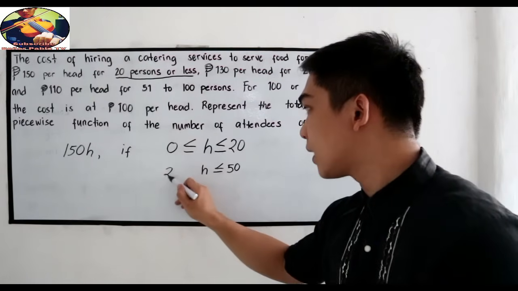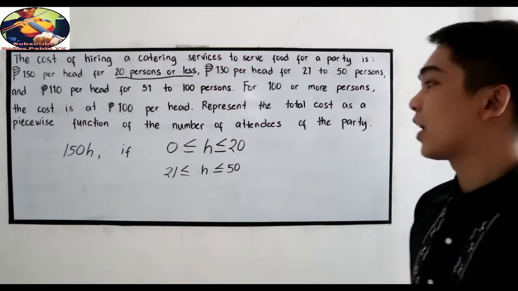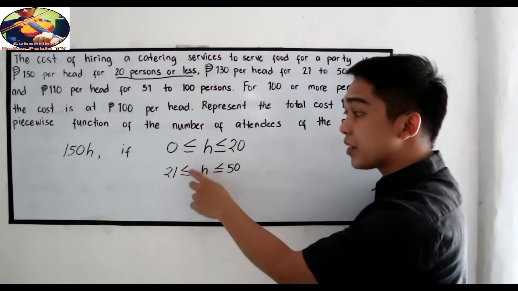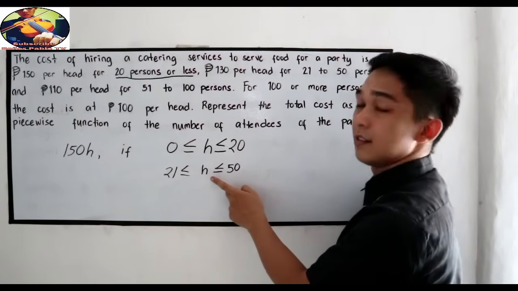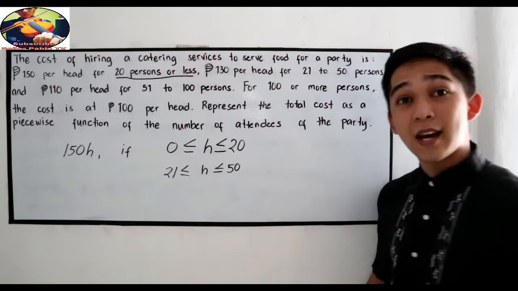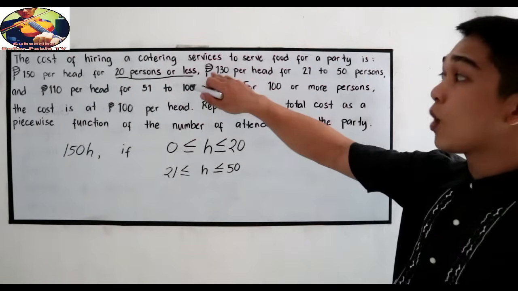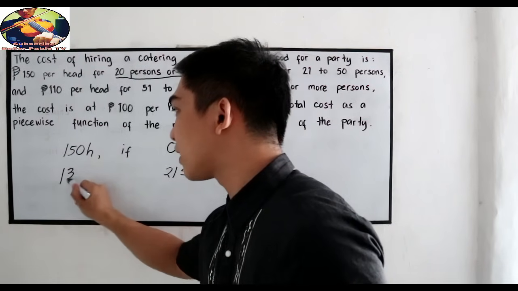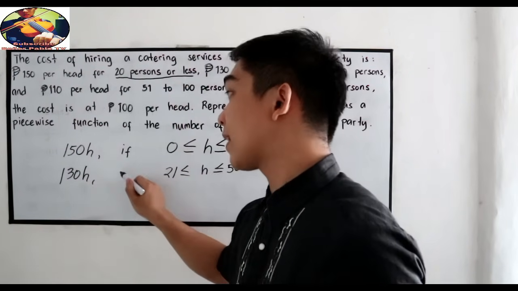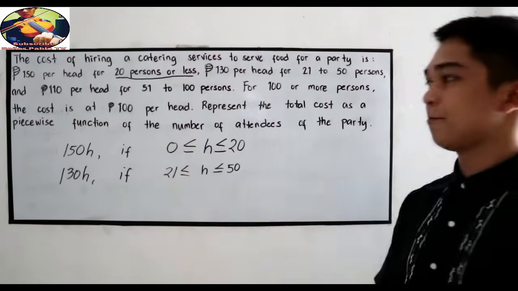So, 21, yun siya ngayon. H is greater than or equal to 21, but less than or equal to 50. So, magkano yung babayaran nila pag ganyan yung range natin? 130 pesos. So, 130 per head, kapag yan yung condition natin.